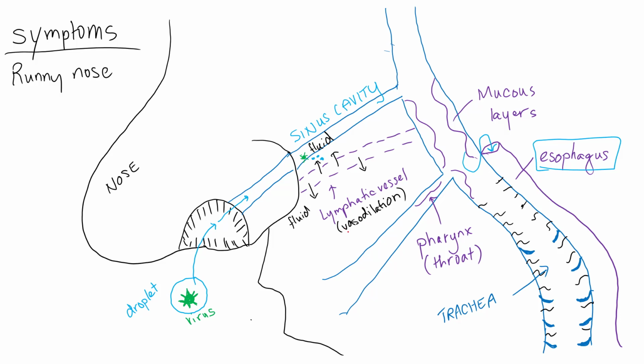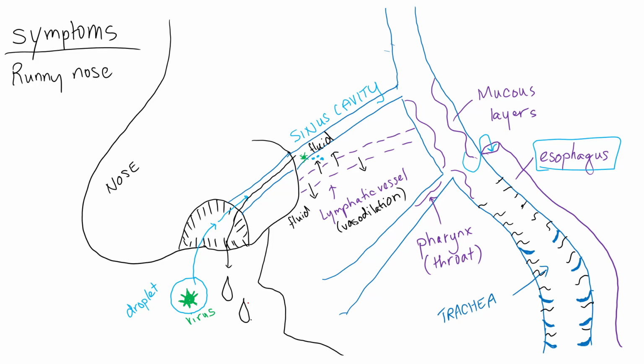Well, it's because vasodilation has been initiated, and really it's these lymphatic vessels. If you recall, lymphatic vessels are filled with a clear fluid called lymph. So as the lymphatic vessels leak, that fluid goes into your sinus cavity, and then it starts coming out your nose, and so you start getting these droplets of fluid. This would be the runny nose.